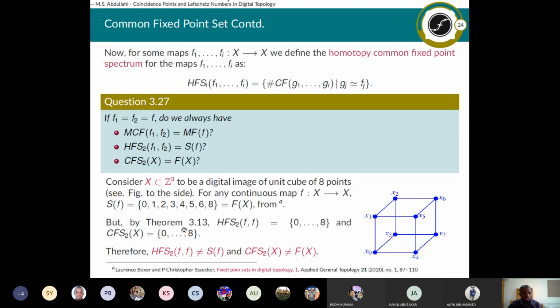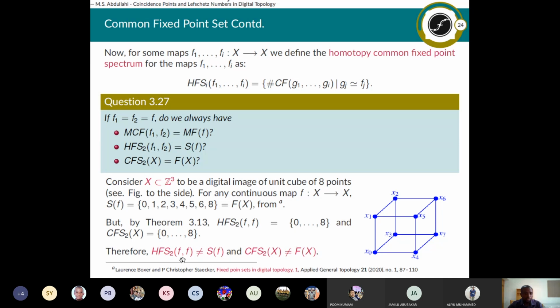But by theorem 3.13, we can easily have this to be equal to 0 to 8, that is the full spectrum, because this has at least one pair of adjacent points, and we know that the function, if we are talking about common fixed point, we are going to map this set X into itself, and by that scenario we end up having the homotopy common fixed point set of this function to be the whole spectrum, and also the common fixed point spectrum to be the whole spectrum.